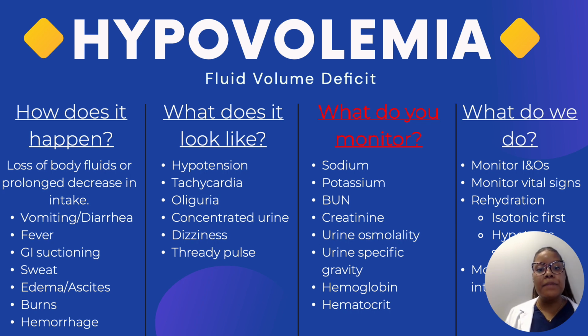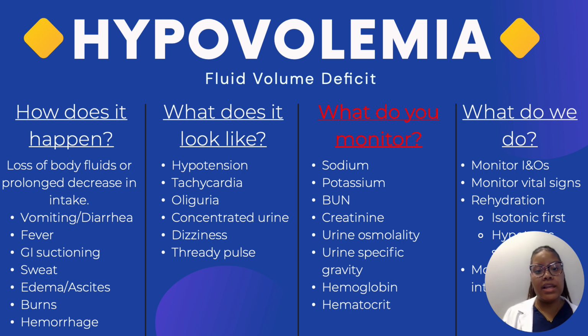The BUN may be increased due to dehydration and reduced kidney perfusion. And then your creatinine, that may be normal or slightly elevated due to the kidney function. Your urine osmolality, that may be increased because your kidneys are trying to concentrate urine to retain water. And your urine specific gravity, that may be increased as well.